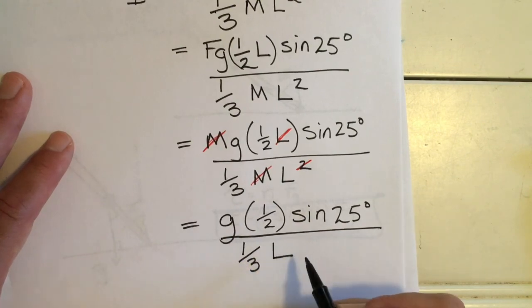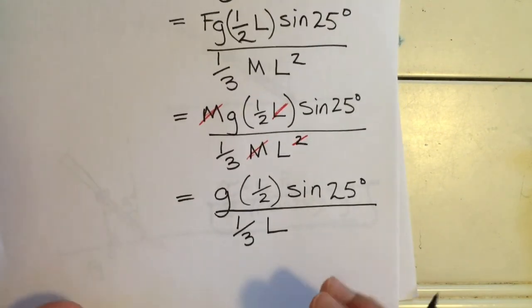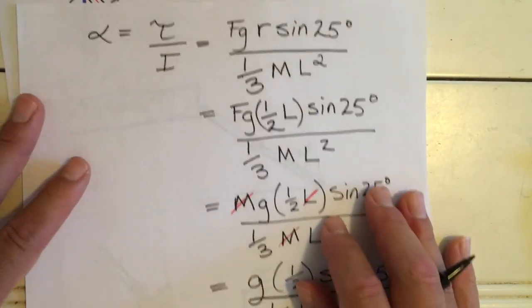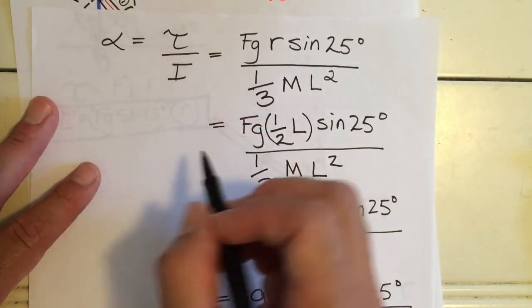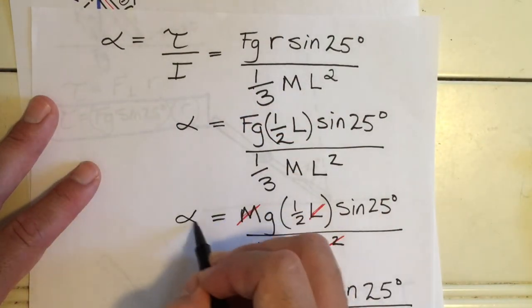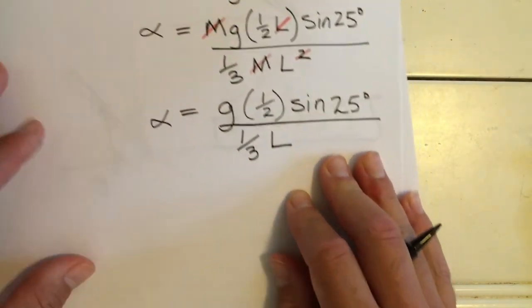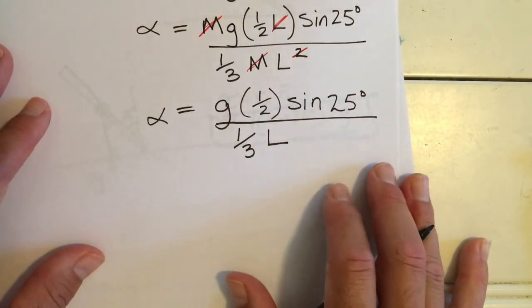It's interesting here, I'm just thinking about this, that the mass of the caber does not affect its angular acceleration. That's what this is. This is angular acceleration. That's neat. We wouldn't have seen that had we just put numbers in.